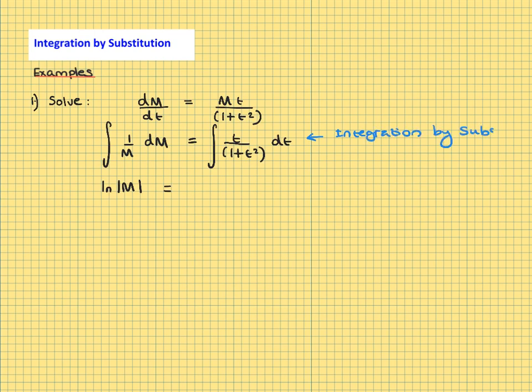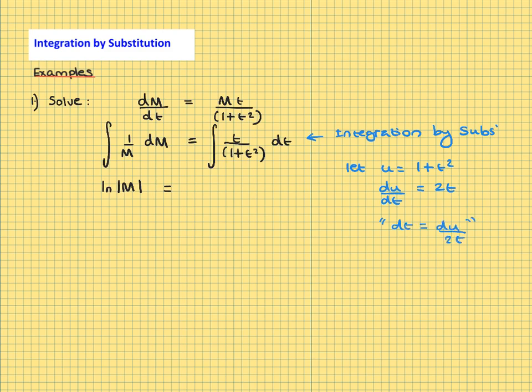Now I'm going to clear some space on the right-hand side for me to be able to do this. I'm going to say let u equal 1 plus t squared, du by dt is equal to 2t, and then again, not a completely legal piece of mathematics here, but we're allowed to do it for the purposes of A-level shorthand. dt equals du over 2t.